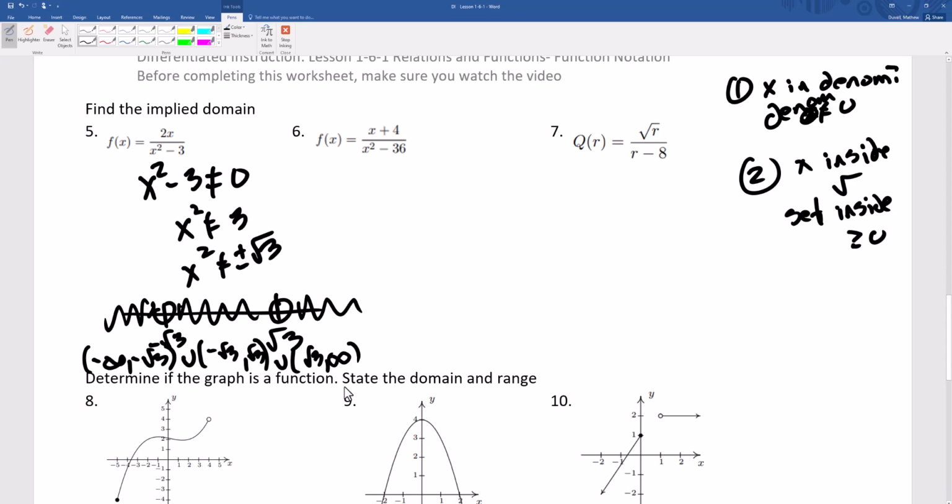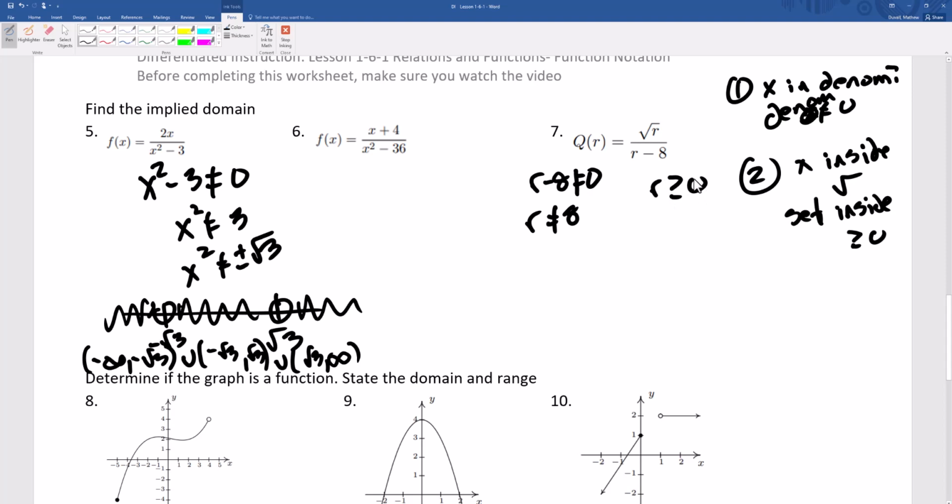Now for number 7, we have both, right? Is x in the denominator? Yes. So set the denominator to where it can't equal 0. So r can't equal 8. And then is x inside of a square root? Yes. So set the inside of the square root greater than or equal to 0.